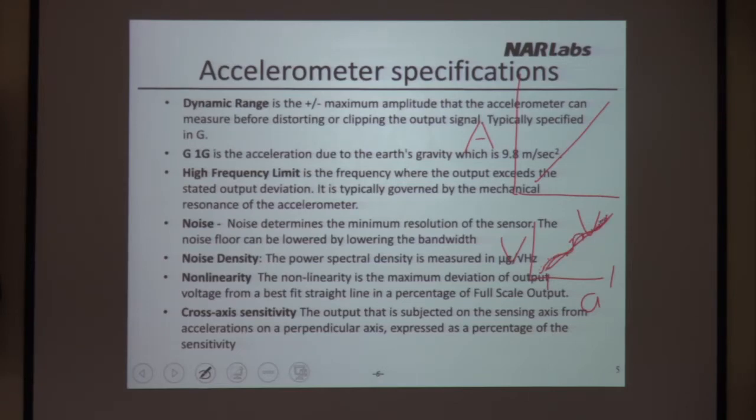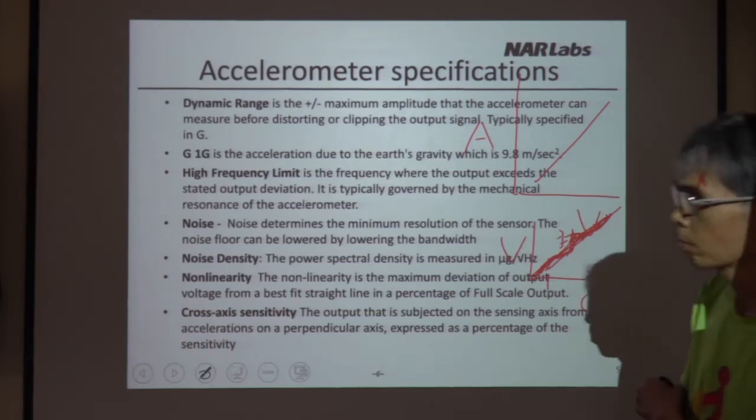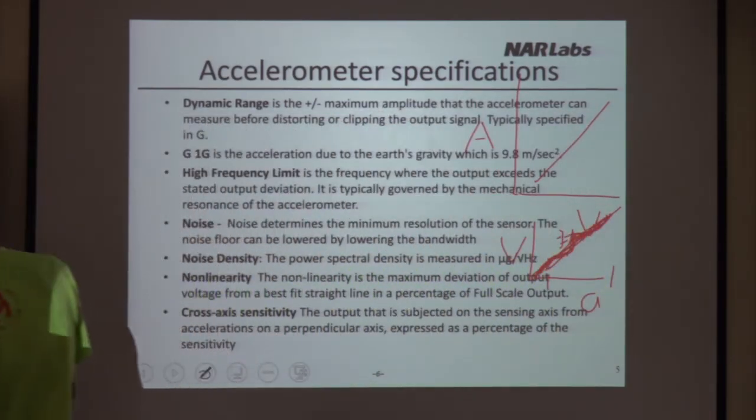Compare the real curve with the perfect, linear one. We have the error between the real curve after the experiment and the perfect one. The difference is the nonlinearity.